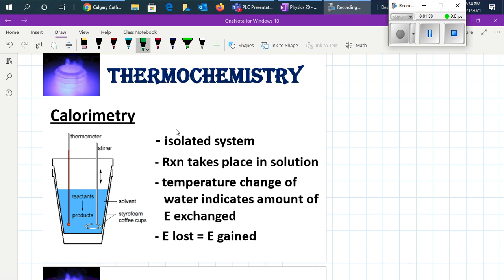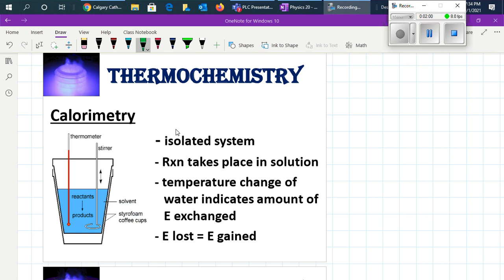The assumption that is made when we are dealing with calorimeter is that it is an isolated system, which, as we said, means mass is not changing, but energy is transferred.